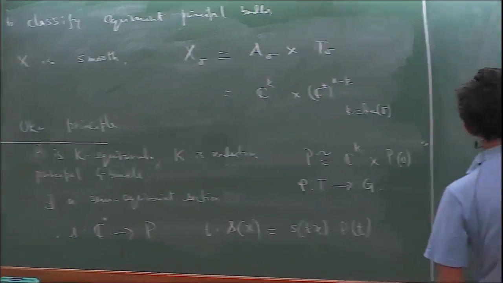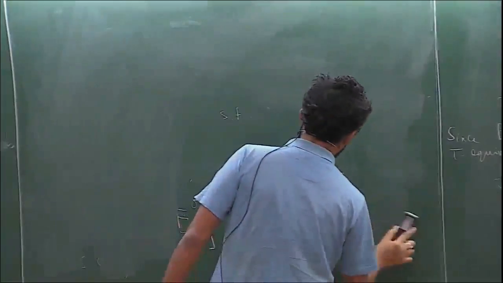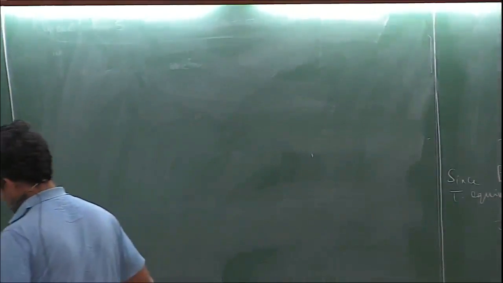This section is not unique; there is no canonical choice of a section. Here rho is from K to G, sorry, because the group acting is K.